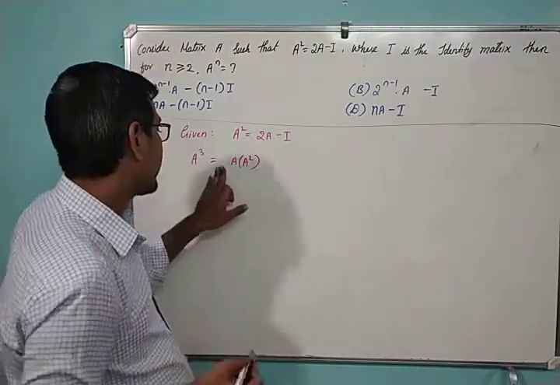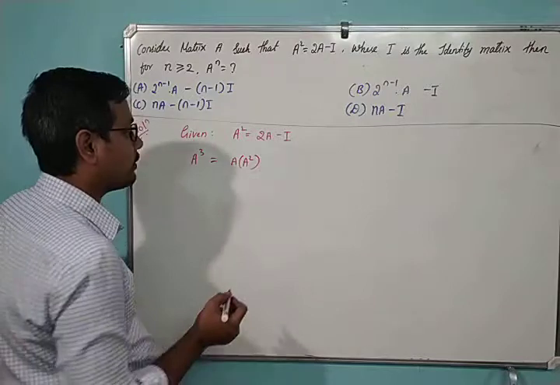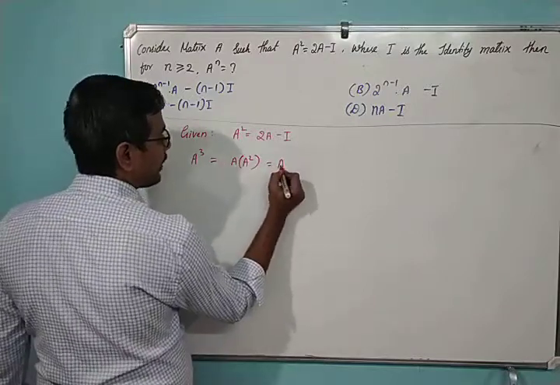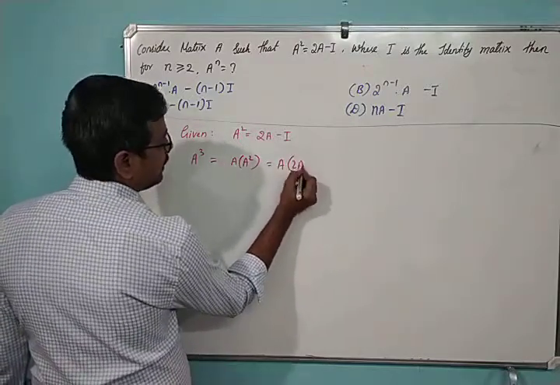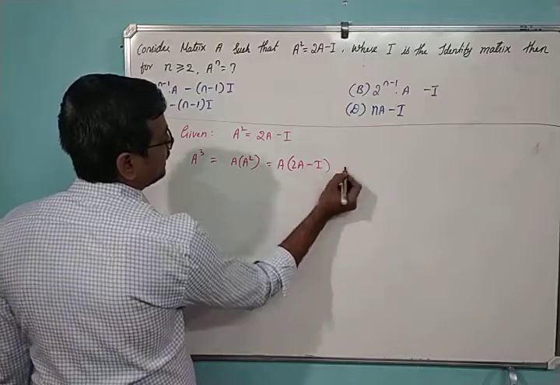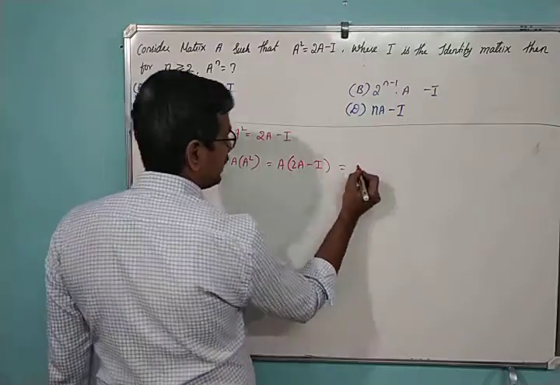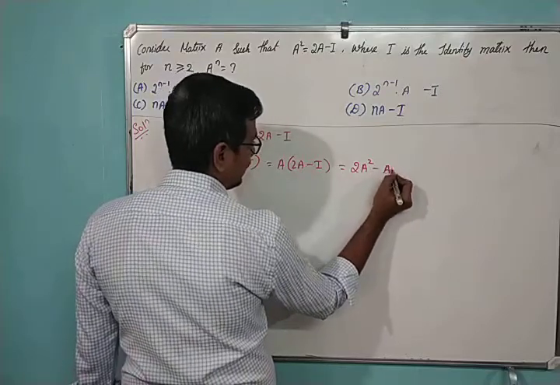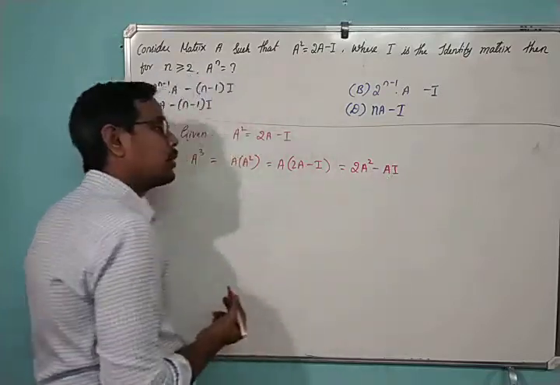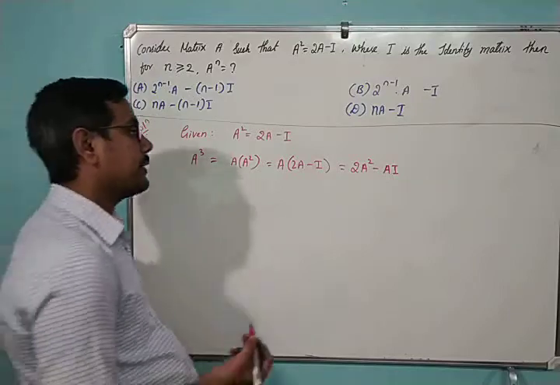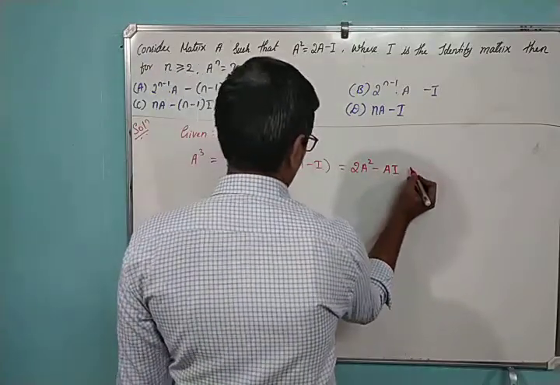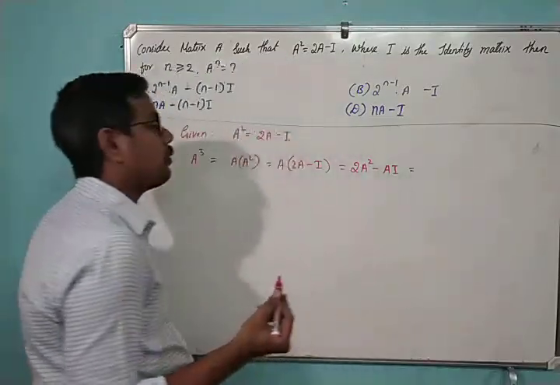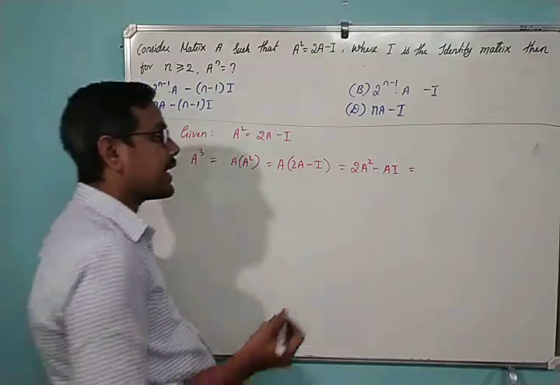So this is A into, what is A square? 2A minus I. So this is nothing but 2A square minus AI. What is 2A square minus AI?